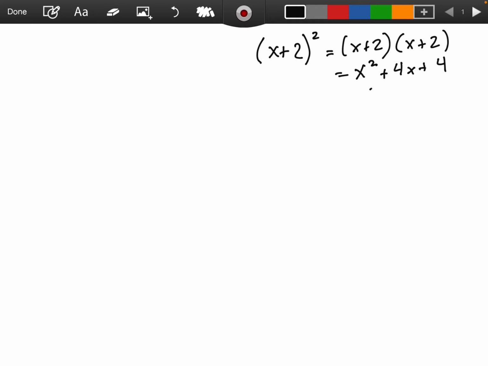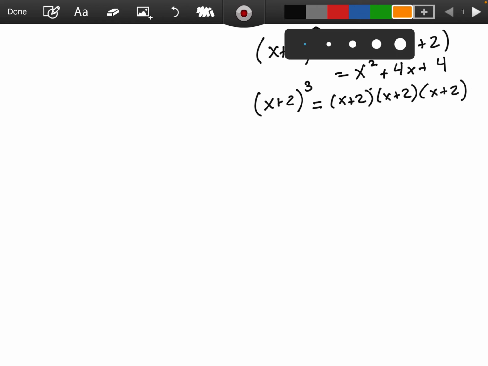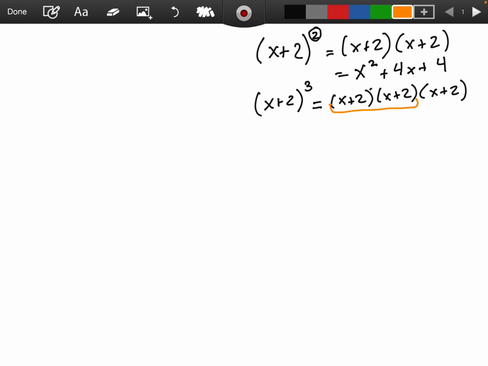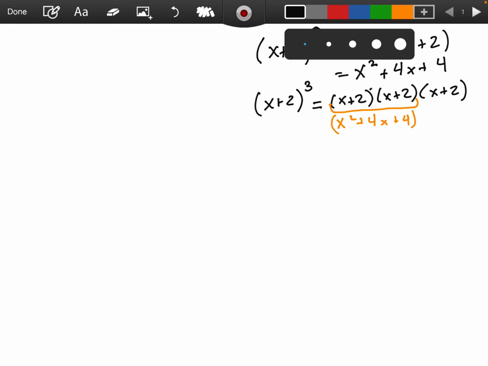That's not so hard to do, and when we just see this 2 up here and we square it, it's not so bad. But if we keep going and say x plus 2 cubed, now we have x plus 2 times x plus 2 times x plus 2. We just did what these two are: x squared plus 4x plus 4. Then we have to multiply by another x plus 2.